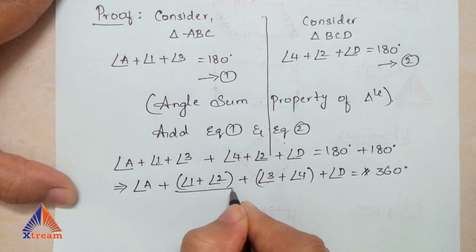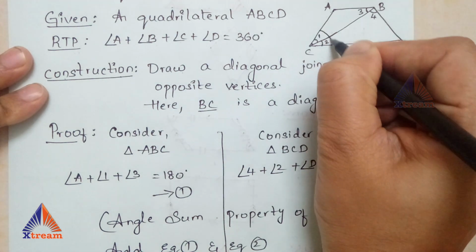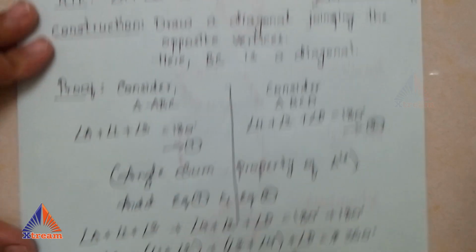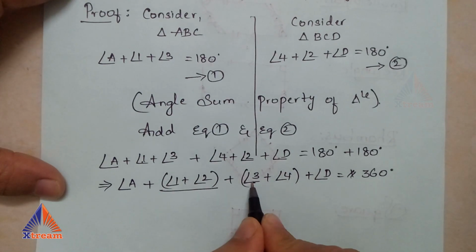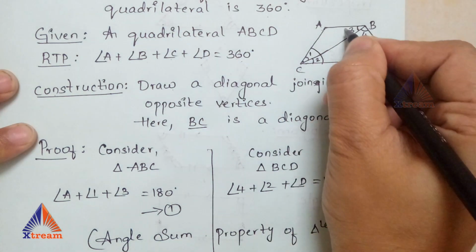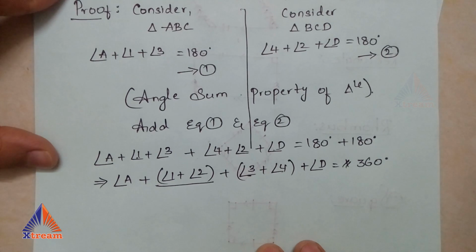Now angle 1 and angle 2 gives us what? Angle C totally. Angle 3 and angle 4 are giving us what? Angle B. So from figure I am going to substitute that.